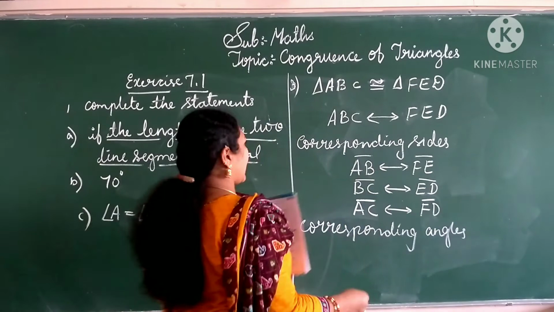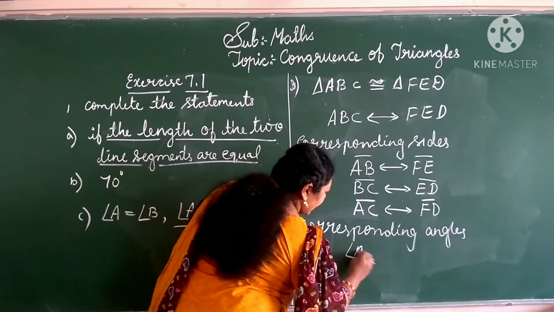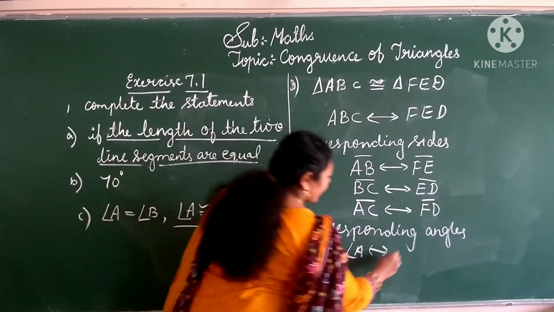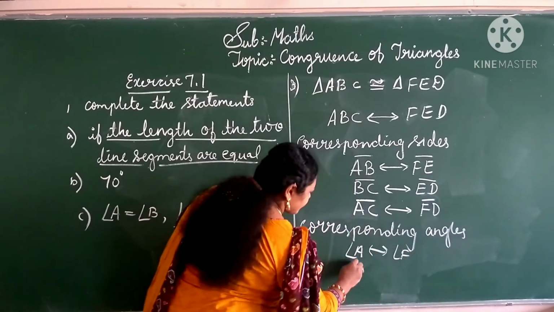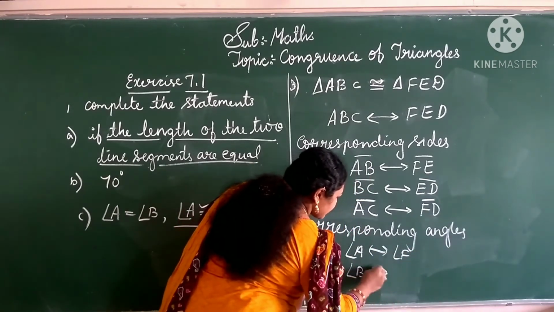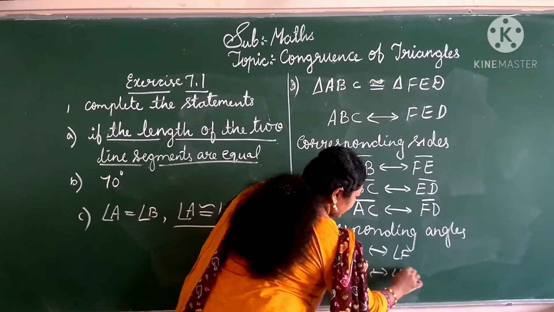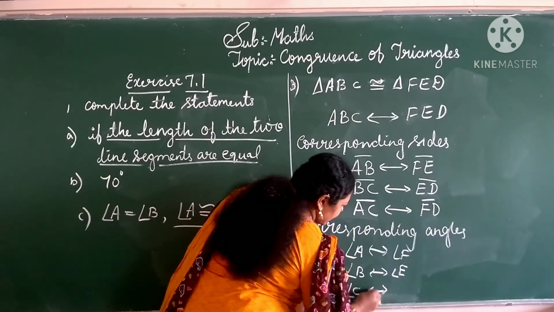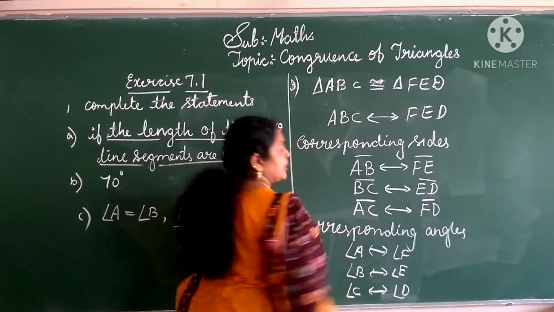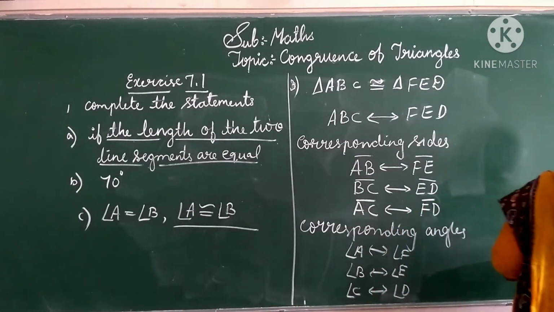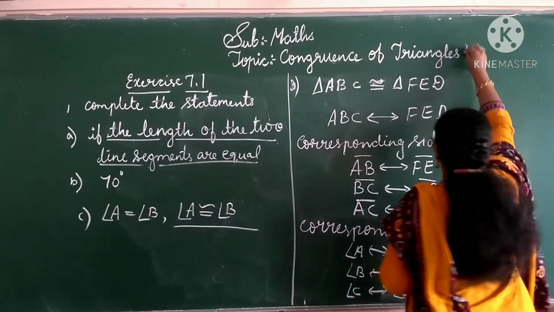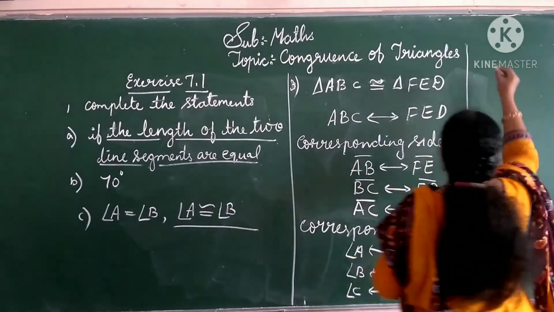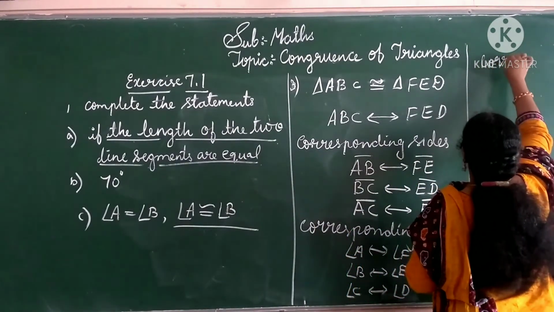Angle A is corresponding to angle F, angle B is corresponding to angle E, and angle C is corresponding to angle D. And we will get corresponding vertices.